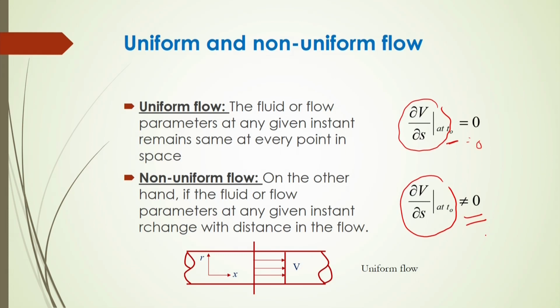Like here in this case, this is uniform flow, where the velocity at any point will be the same. Whereas if the velocity pattern is like this, the velocity at any point changes with respect to distance or location, then it will be called non-uniform flow.